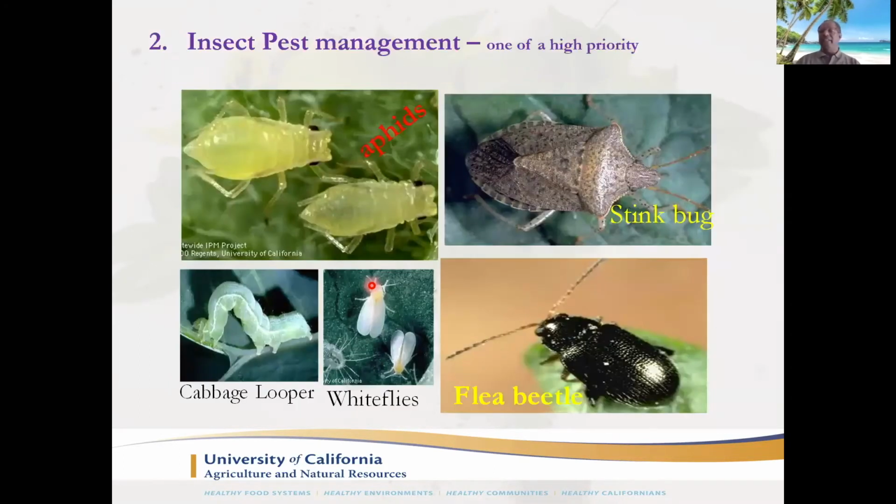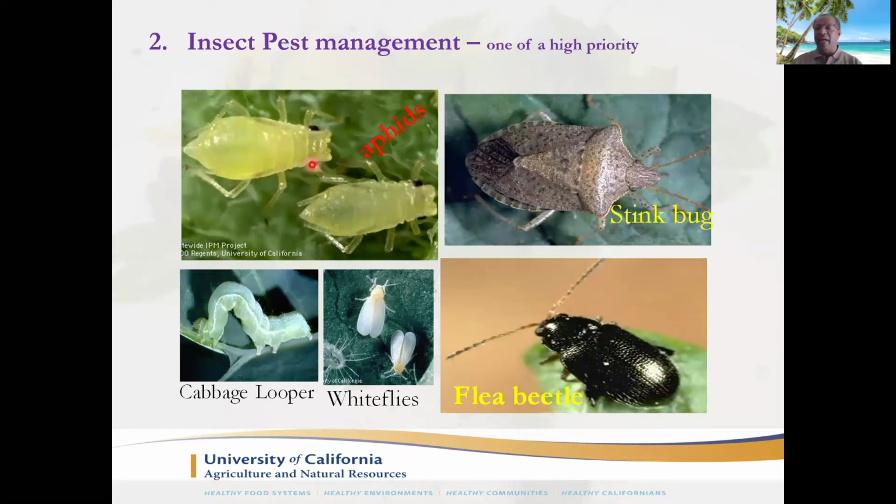All right, number 2, insect pest management. I'm sure you have seen at least 3 or 4 types of those insect pests in your garden, or at least in somebody's garden, or in the commercial crop fields. Those are aphids.